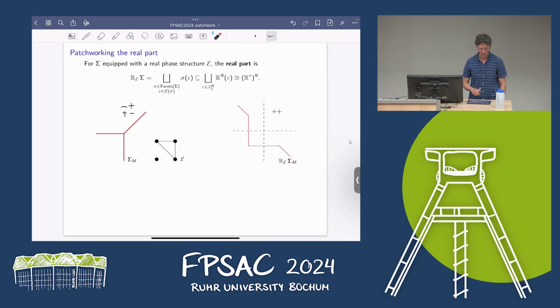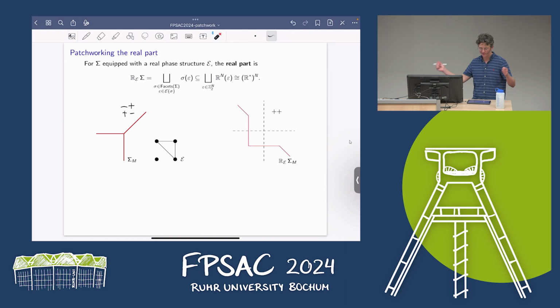Okay? We good? So this is something living in 2 to the n disjoint union copies of R^n. But this here is also homeomorphic to (R star)^n.